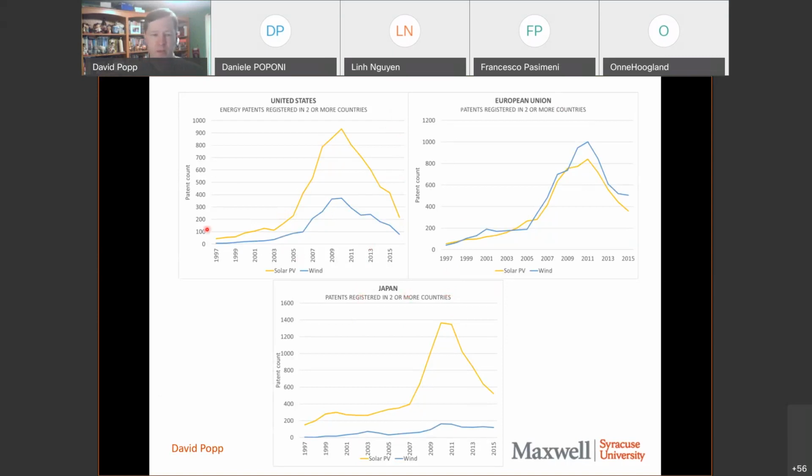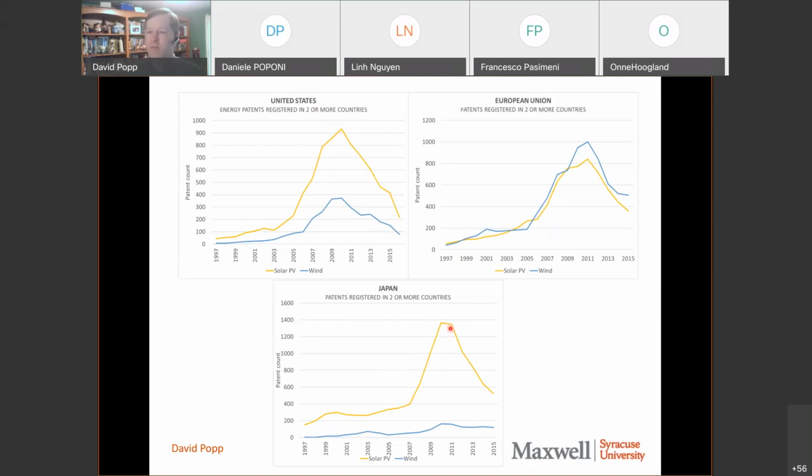And so we see the pattern that we've talked about all day here, with the idea that there was this big increase in patenting up to about the financial crisis, and then invention in wind and solar start to decrease. That's pretty reliable across all these countries. If we look at the levels, a couple of things you'll see: more patents for Japan, particularly in solar, than we do for the other countries. That may be an indicator that Japan is a leader in this technology.